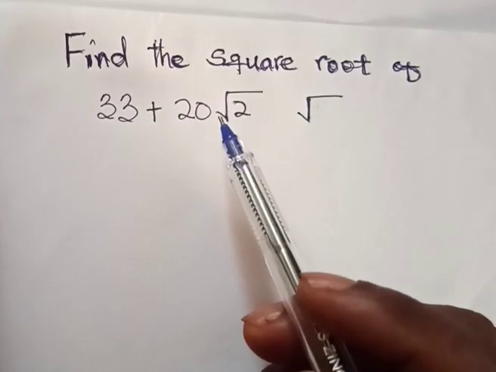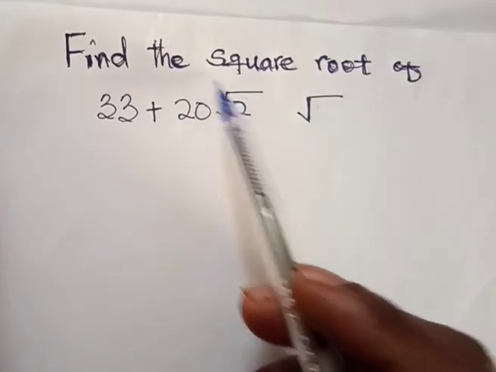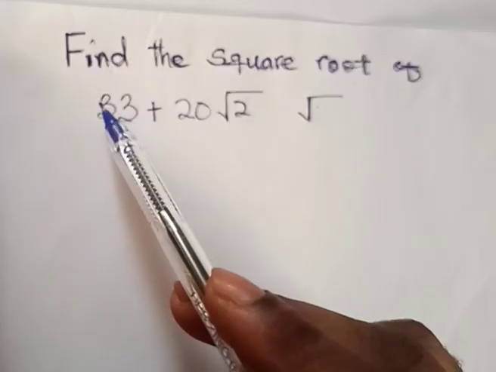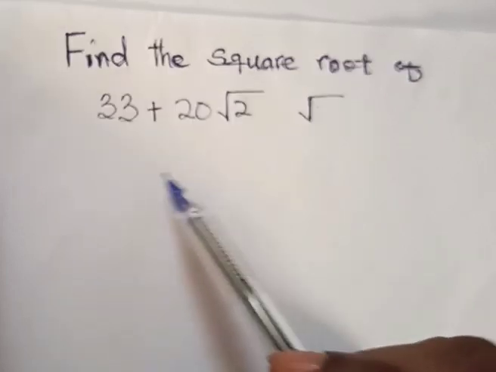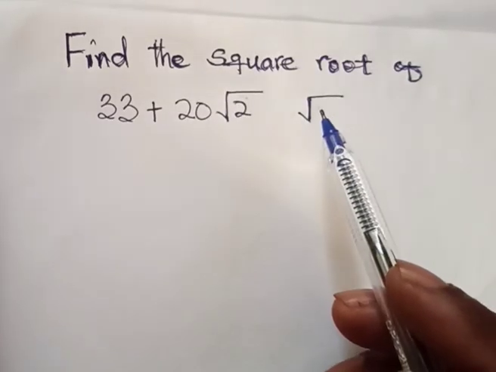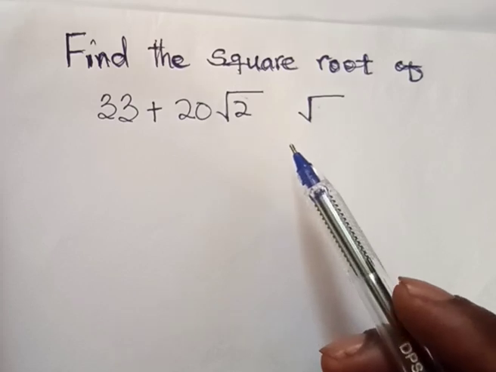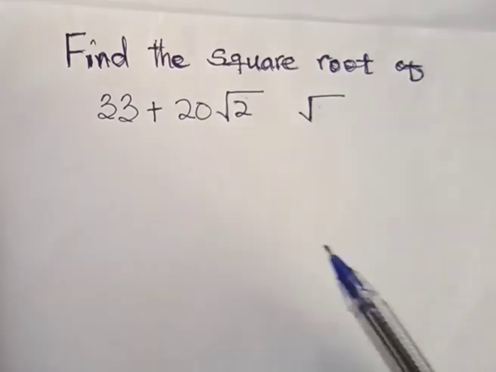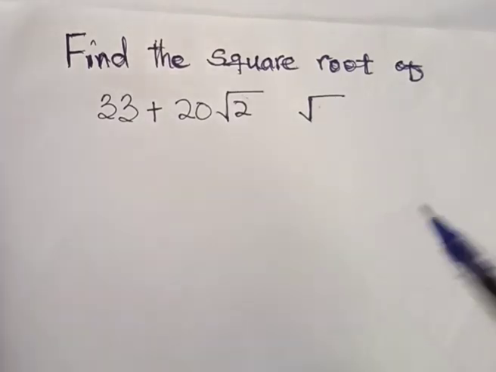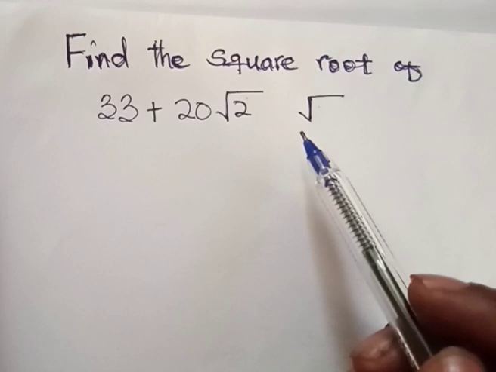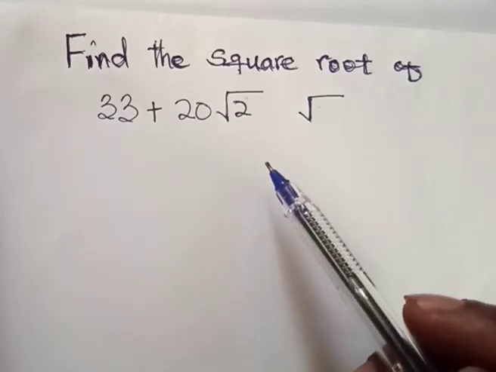So when you are asked to find the square root, it means take whatever is given to you and put the whole of this in a square root. But in doing that, you need to use variables, also in square root form, to represent this. You equate, then you can get your answer.